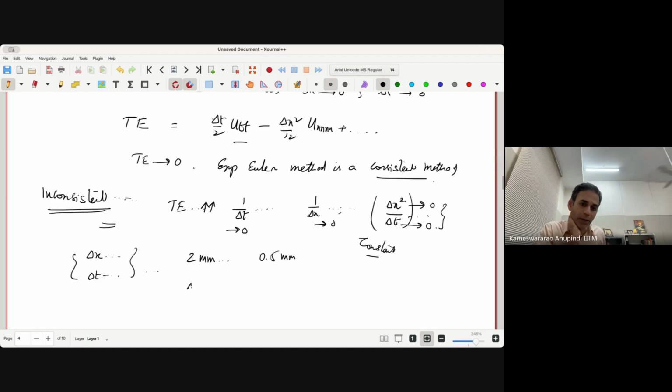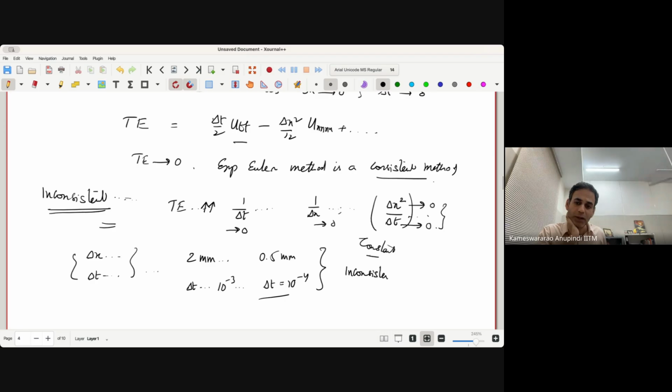Or you might say, when I have taken delta t to be 10 power minus 3, I'm getting a better result. The moment I refine my delta t to 10 power minus 4, my results are actually bad. This is happening because one of the schemes that you're using is actually inconsistent.